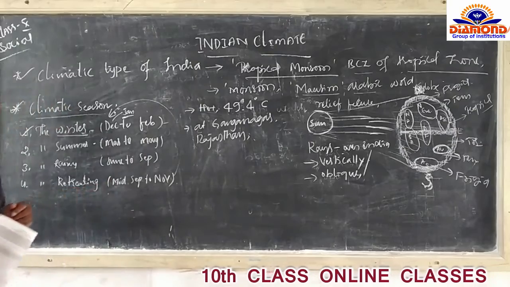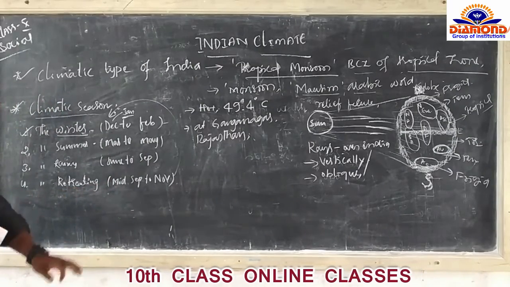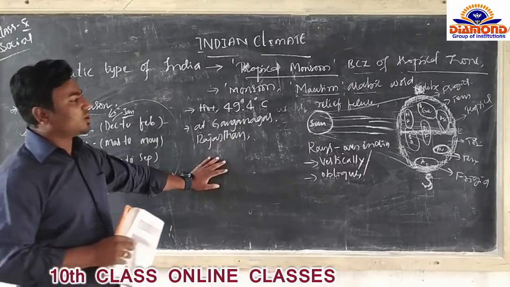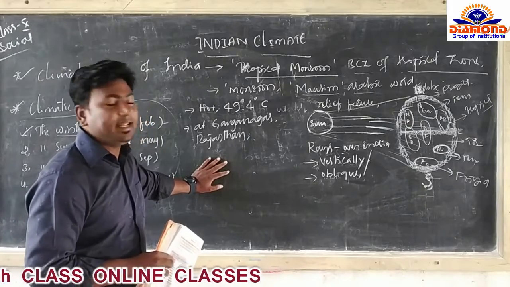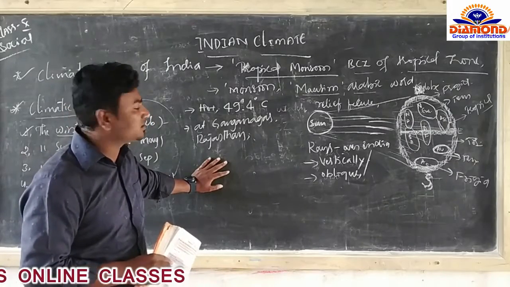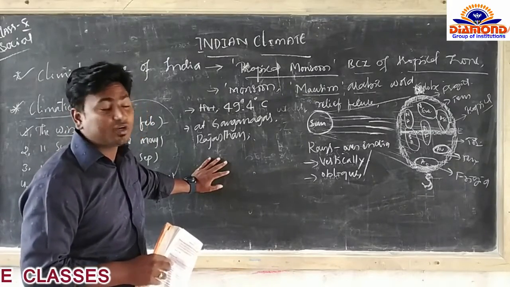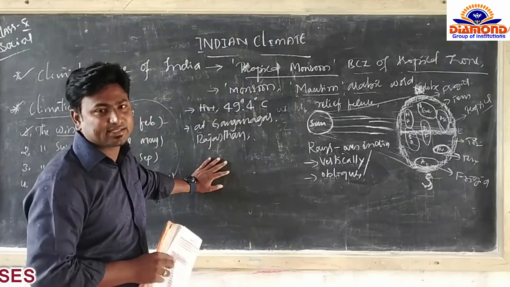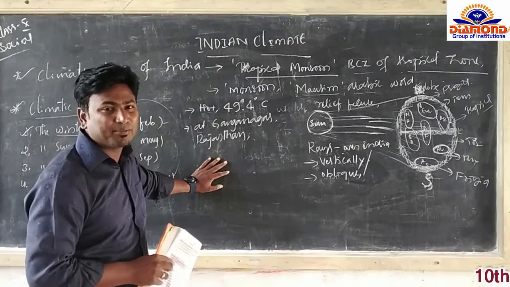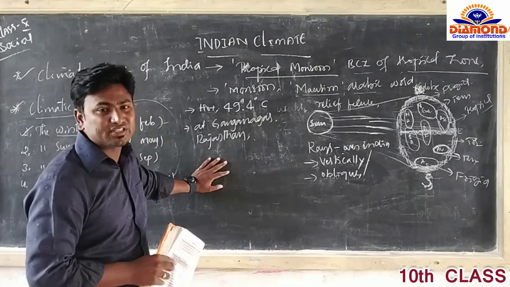So the highest recording of the Indian summer season is up to 49.4 degrees Celsius. It is completely hot towards India.